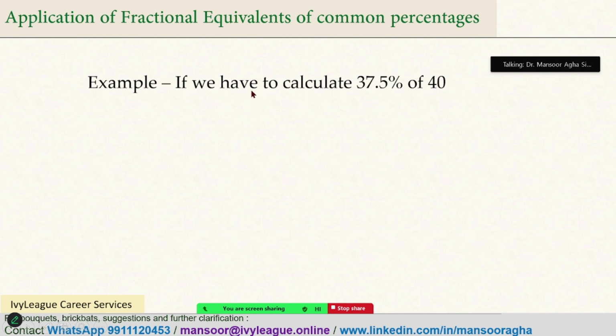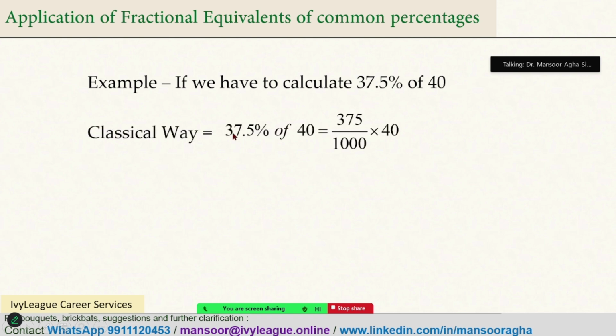Suppose a question requires that you need to calculate 37.5% of 40. Then the schoolish method or the classical way is that you'll have to do this calculation: 37.5% of 40 is equal to 375 upon 1000 multiplied by 40. This requires calculation. But the shorter cut is, if you remember that 37.5% basically means 3 by 8, then doing this calculation is always easier.